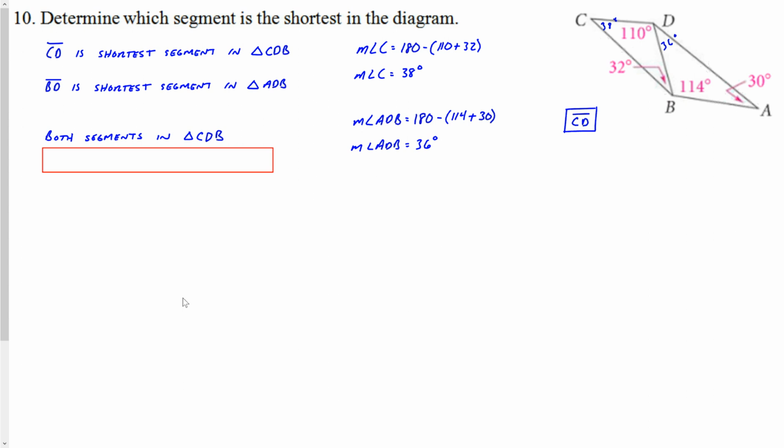Within triangle CDB, DB is opposite of a 38-degree angle. CD is opposite of a 32-degree angle, which therefore means that segment CD has to be the shortest segment in that triangle and therefore in the entire diagram. These have given people trouble in the past, so make sure you understand the thought process that goes into figuring this out.